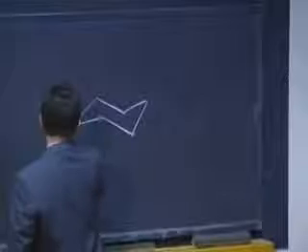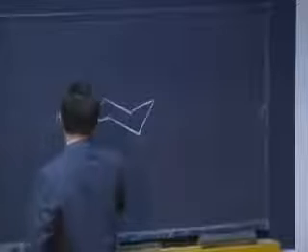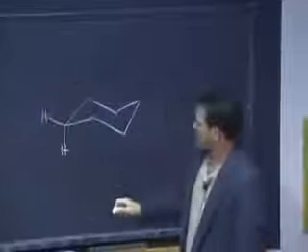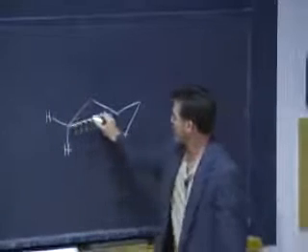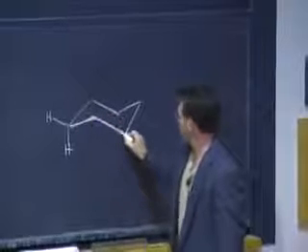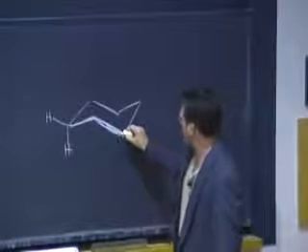If we had a more complicated molecule, I get to use a little bit of board space today. Here's a slightly more complicated hydrocarbon molecule, cyclohexane, drawn in a chair conformation.